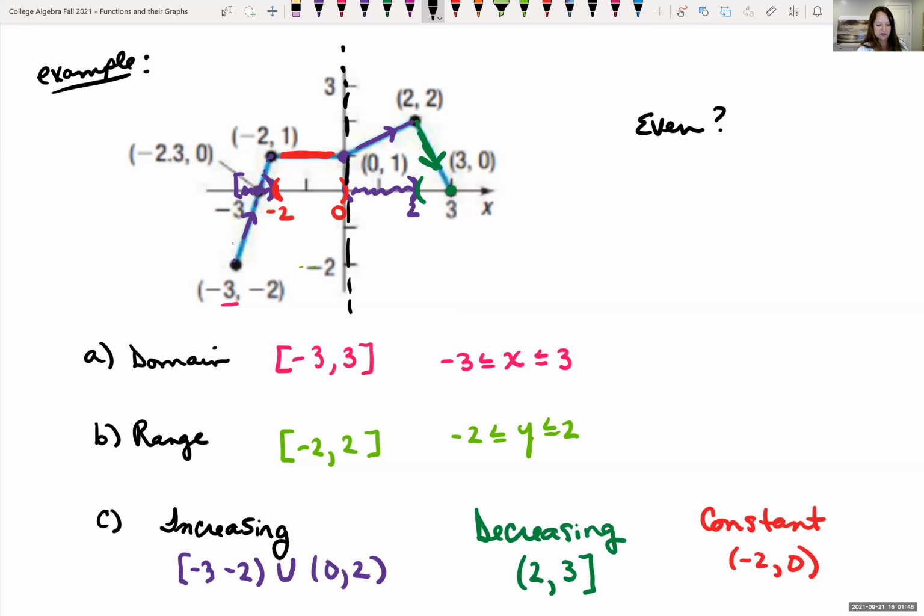And so this is no. We talked about it being odd. It would be symmetrical across the origin. So if I folded my paper across the x-axis and the y-axis, would it be a mirror image? And I notice it's not going to. So this is neither even nor odd.